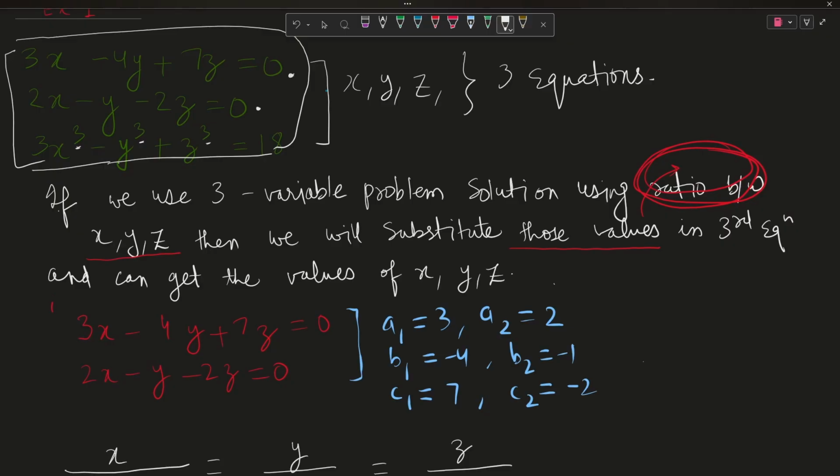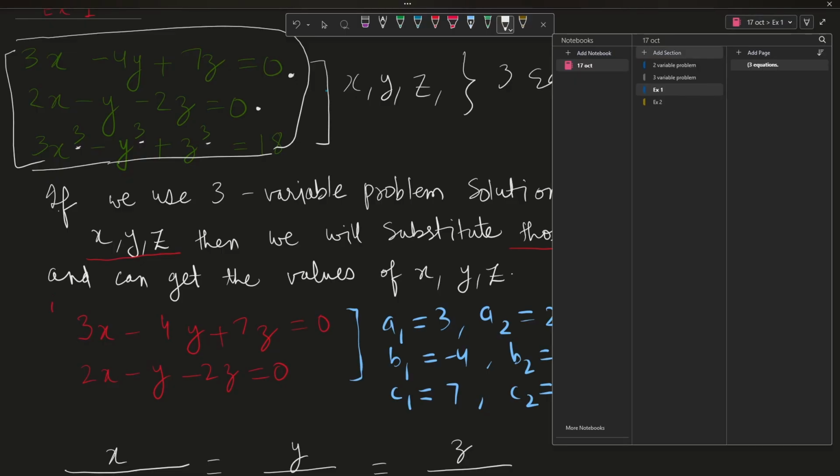But with the help of this cross multiplication method, converting a three variable problem to a two variable problem and then solving with cross multiplication, it has become such an easy task for us to get the values of x, y, and z.